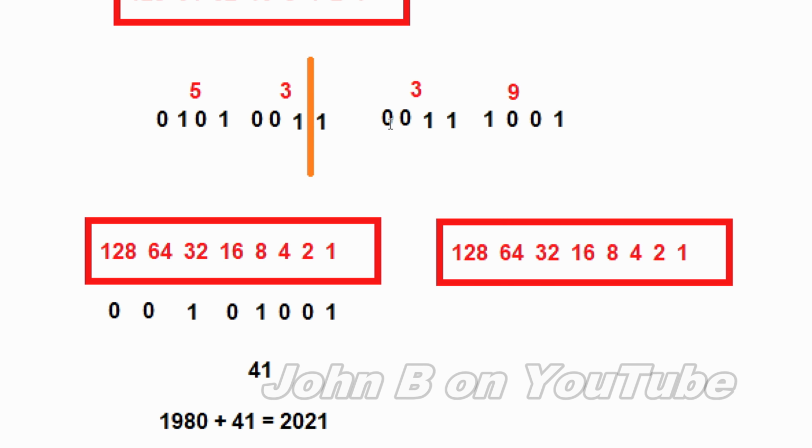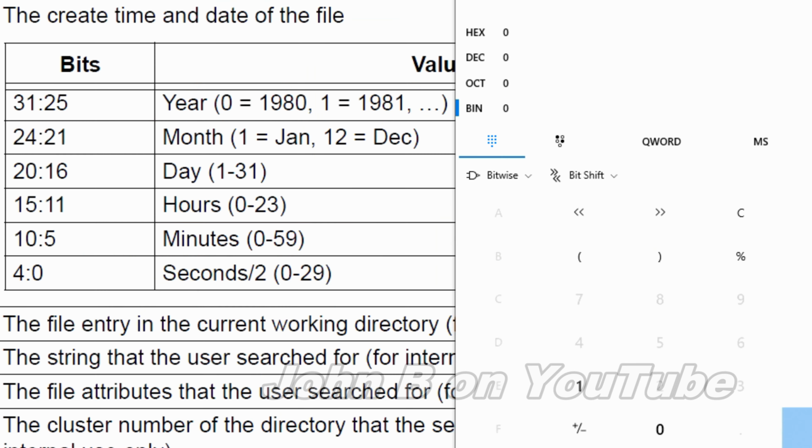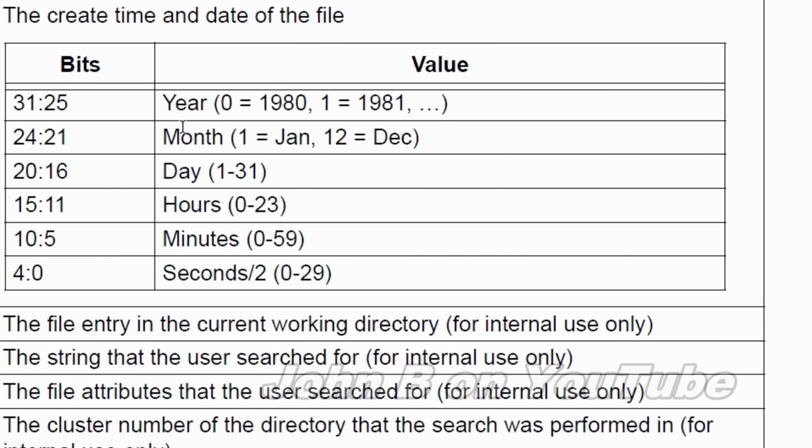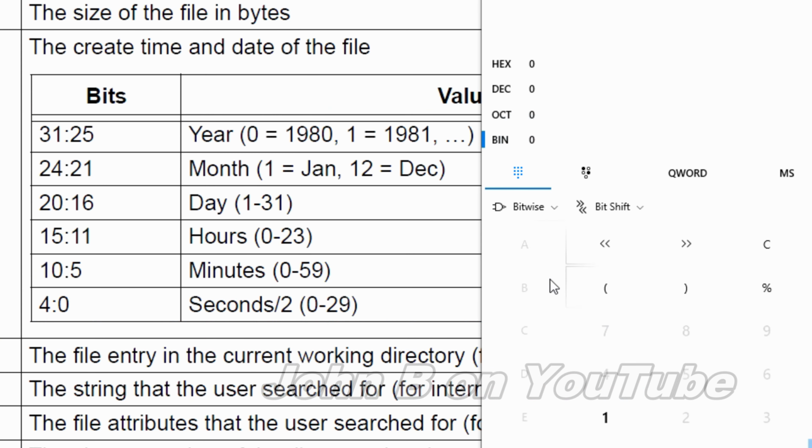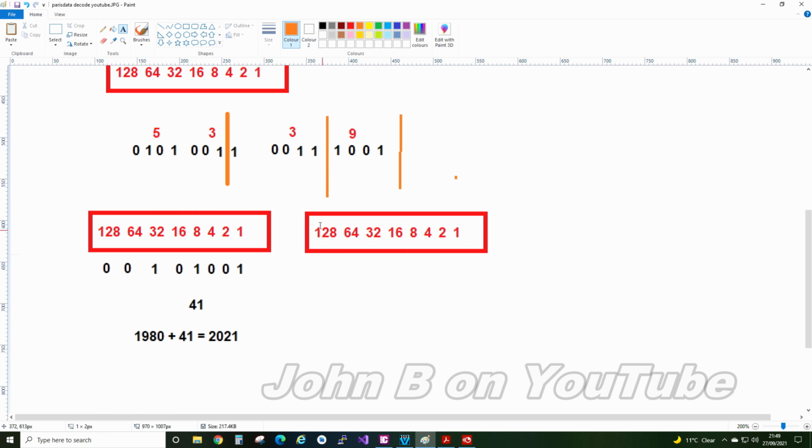What have we got? 1001. So turning to the data sheet for the month, binary bits 24, 23, 22, 21. So definitely 4 bits for the month. 4 bits for the month, so I've drawn this line in the wrong place. 4 bits for the month. Line 1, 2, 3, 4.